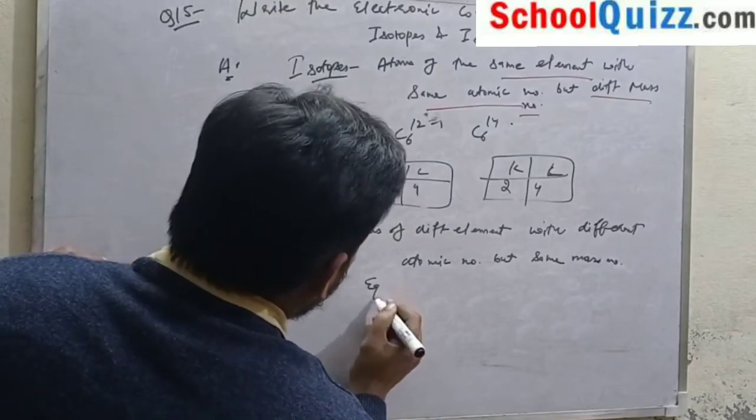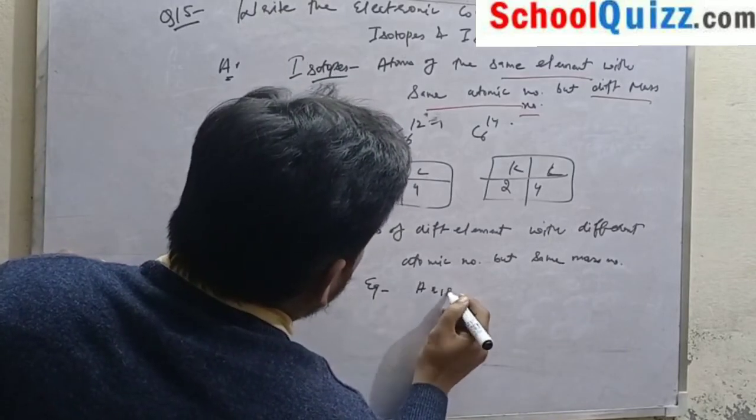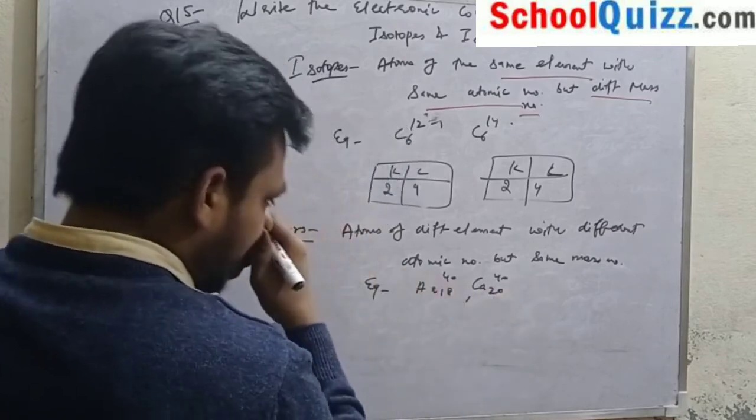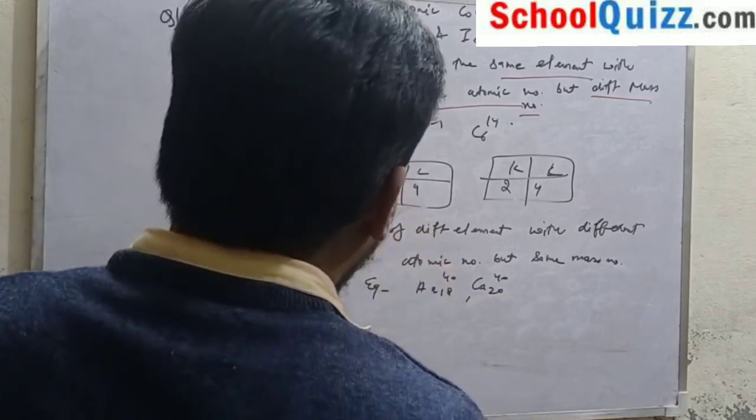If we take the example of argon 18, 40 and calcium 20, 40, we have to write their electronic configuration.